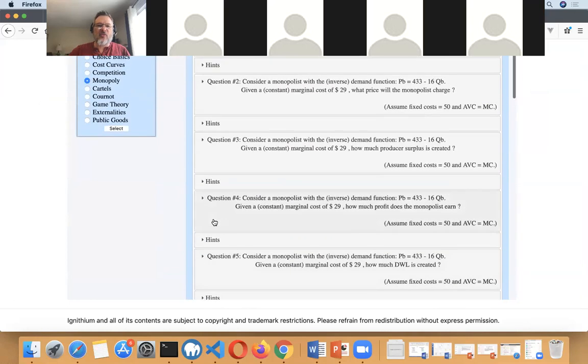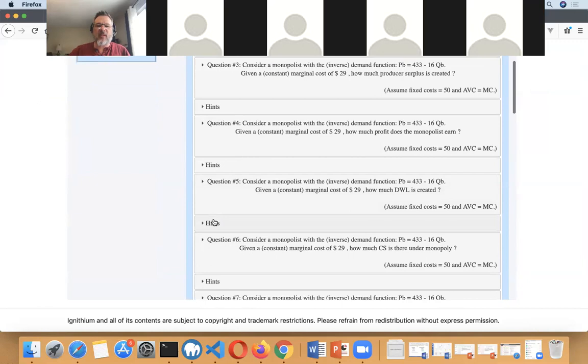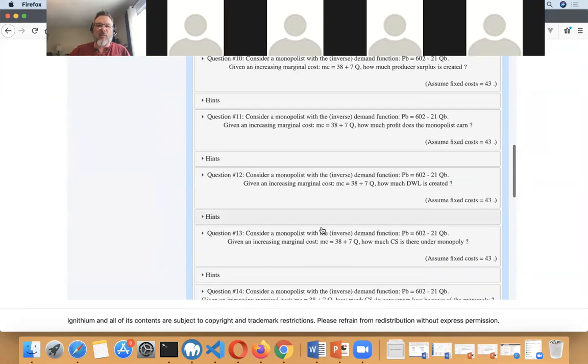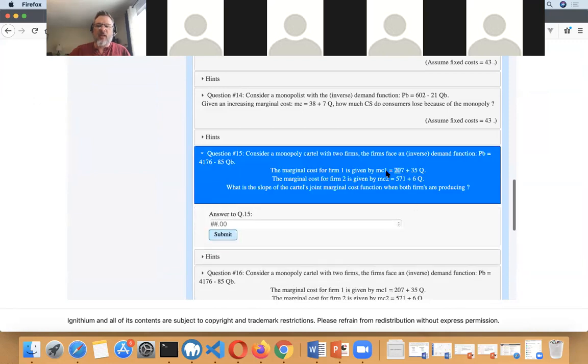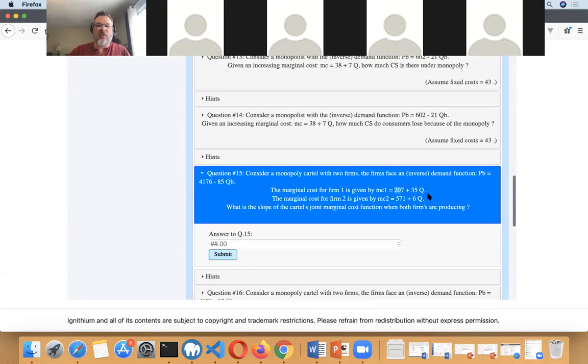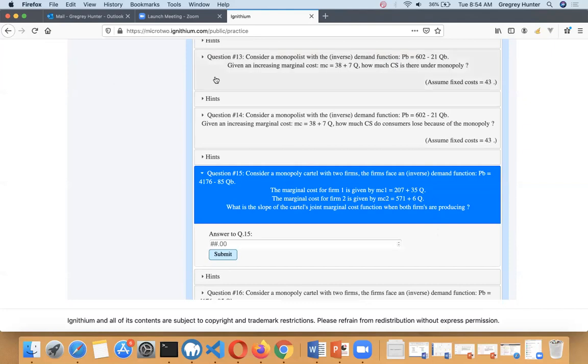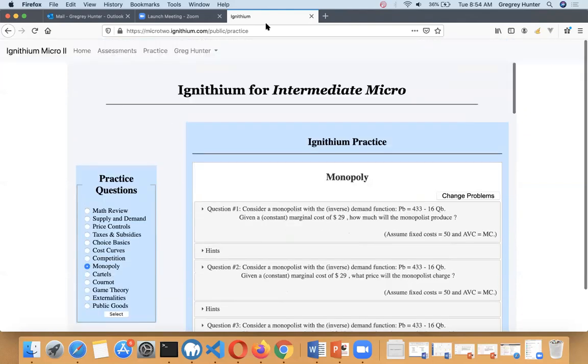The one thing that I want to remind you guys about: last time we talked about the challenges of aggregating marginal cost curves. And that happens here starting in question 15. So you want to pay attention to that. And I guess that's where I'll start talking about this other stuff.